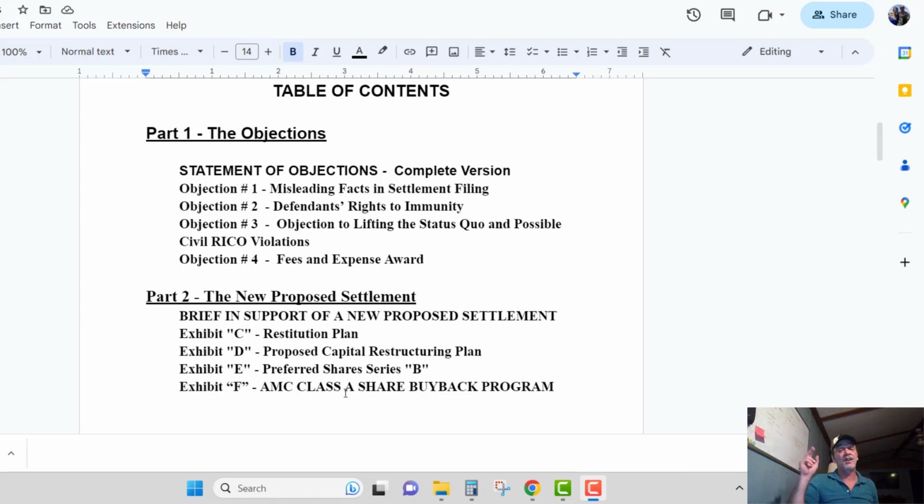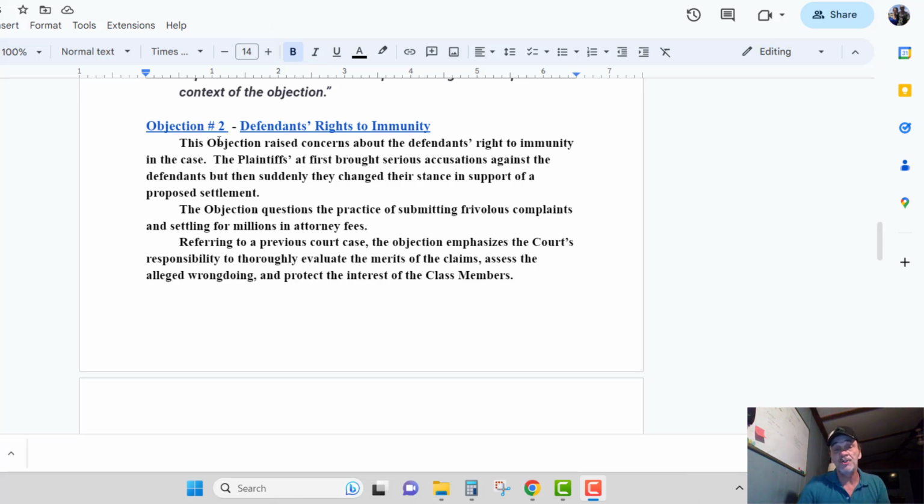But right now, let's take a look at objection number 2, which is the defendant's right to immunity, okay? Now, in objection 2, defendant's right to immunity, this objection raises concerns about the defendant's right to immunity in this case. The plaintiffs at first brought serious accusations against the defendants, but then suddenly they changed their stance in support of a proposed settlement of $20 million.